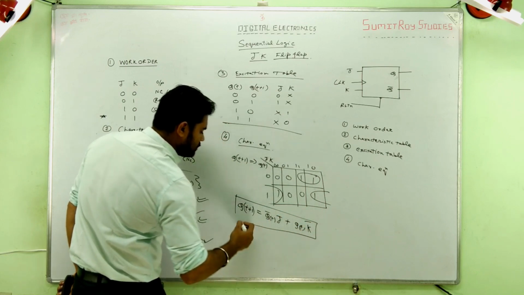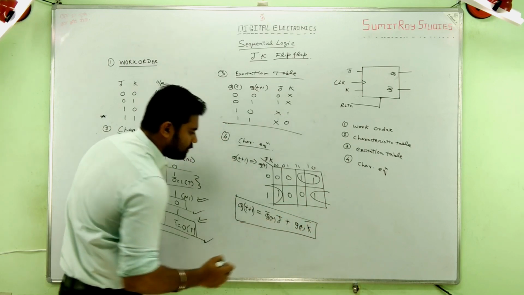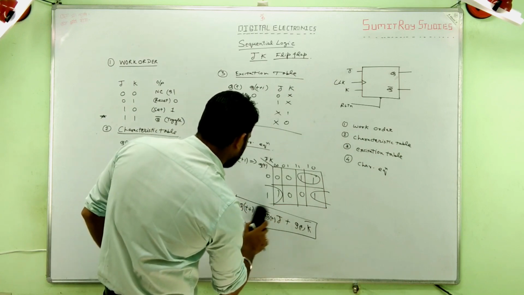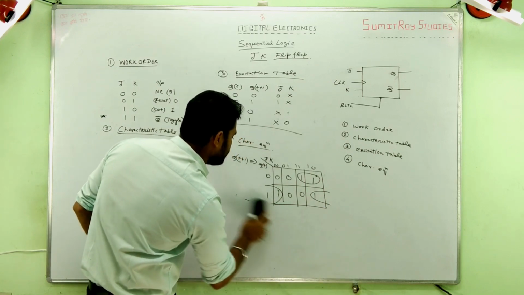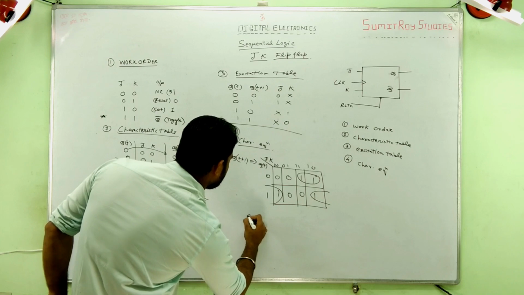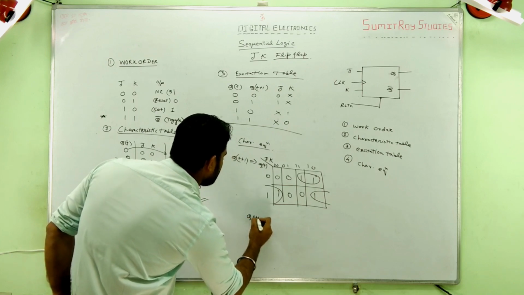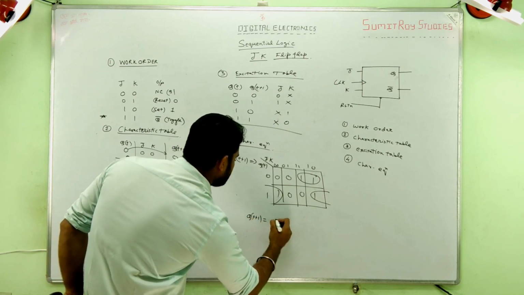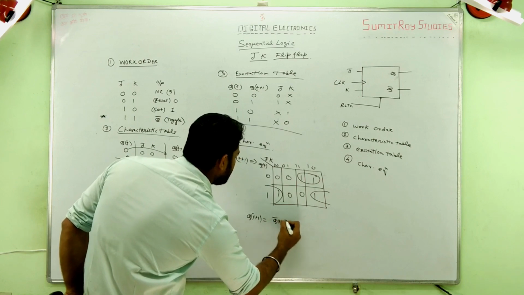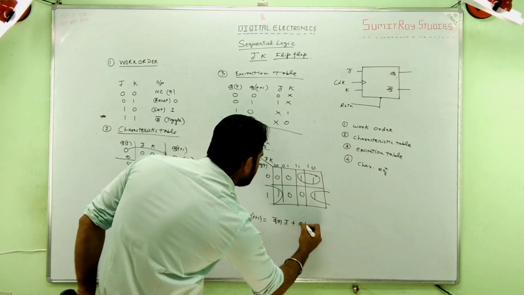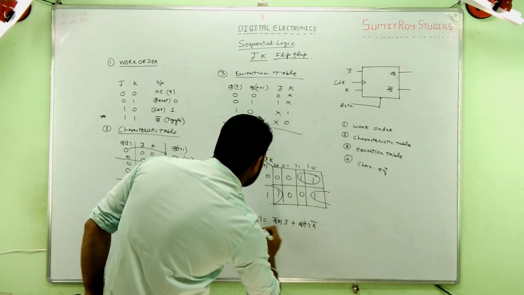So this is what we are looking for. I'll write it in a proper manner. That is, QT plus 1 is QT bar J plus QT K bar.